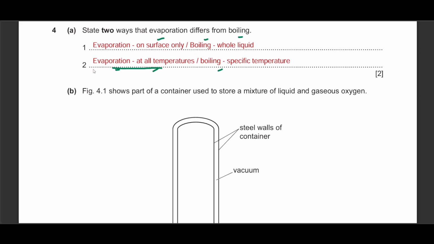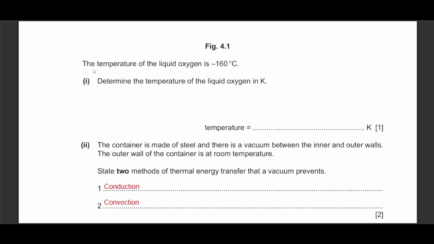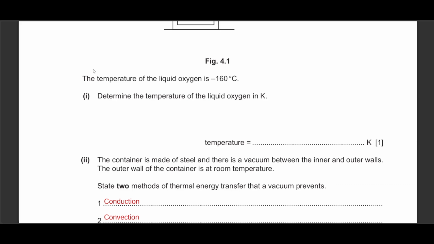We haven't measured it. The diagram shows the part of the container used to store a mixture of liquid and gaseous oxygen. So there should be some liquid in this and some gaseous oxygen in it. Steel walls, and there's vacuum. Okay. So it says determine the temperature of the liquid oxygen in Kelvin. So very easily, we have Kelvin equals degrees centigrade plus 273.